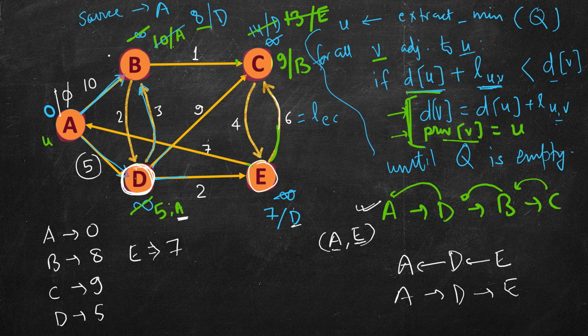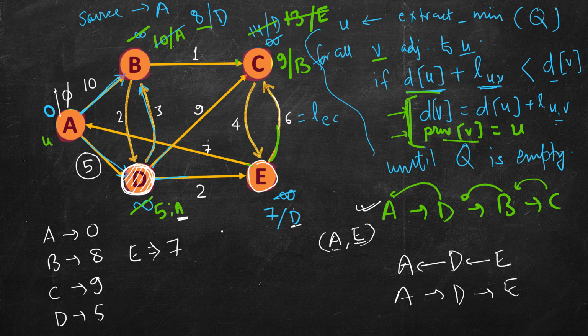So if you take any other path and come to it, the first edge itself is more than this, so the total will be obviously more than this. So that's why we finalize one node at a time. So this was final, then we made this as final and look at its neighbor and kept on updating.